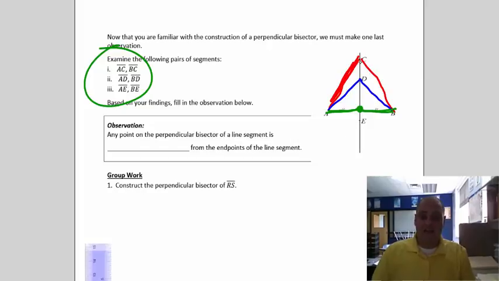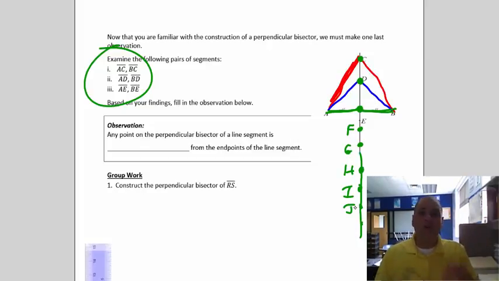So based on this, and this is a perpendicular bisector, this guy right here, going up and down, is the perpendicular bisector. Any point on the perpendicular bisector of a line segment is blank from the endpoints of the line segment. So any point on here, C, D, E, F, G, H, I, J, K, L, M, N, O, P, right?